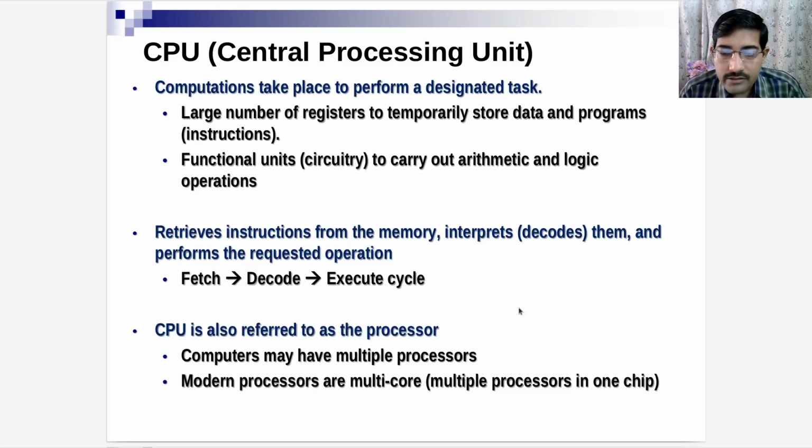It takes the program or the inputs from the keyboard and brings them into the functional unit, which performs arithmetic and logical operations in the central processing unit. So it first fetches, then it decodes what you want to do with that data, and it performs an operation, which we call the execution or execute cycle.